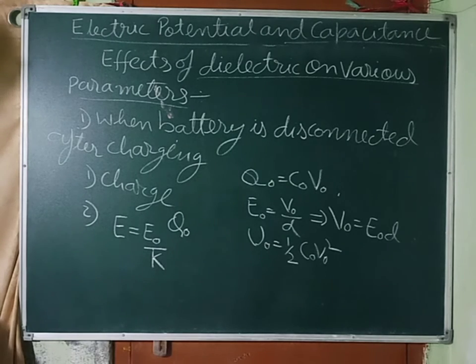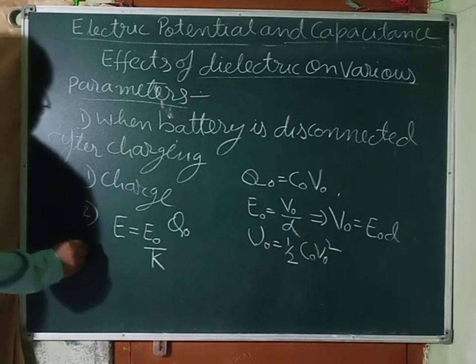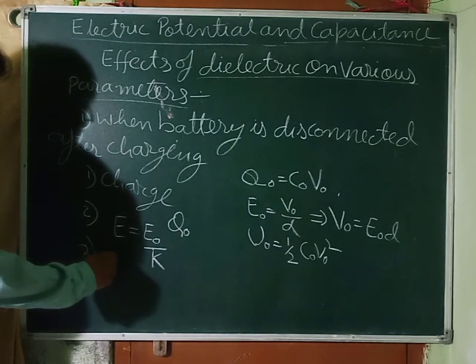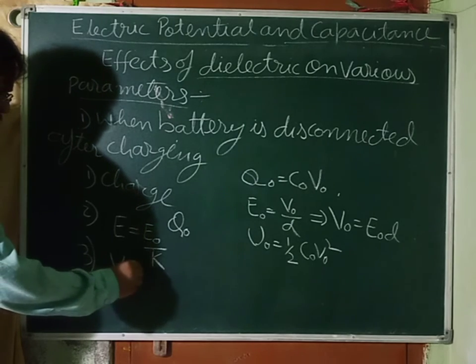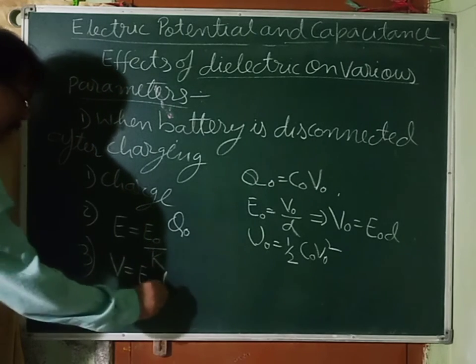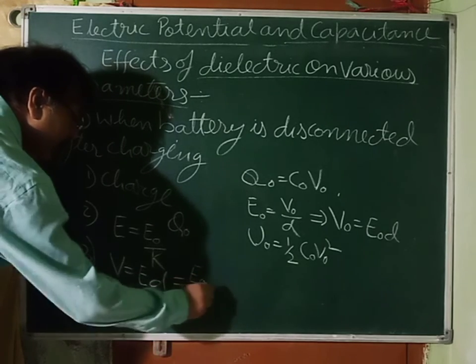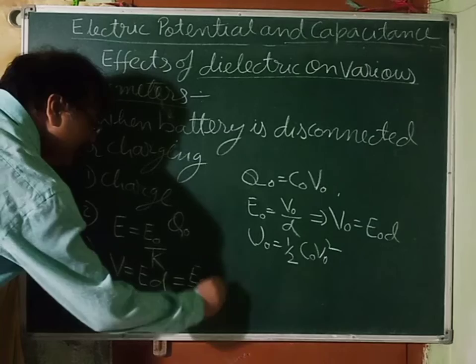Okay. Now we are at the third point, the potential. You can see that the potential is related to electric field. So we write V is equal to E into D. Now can we write here E is E naught by K into D?